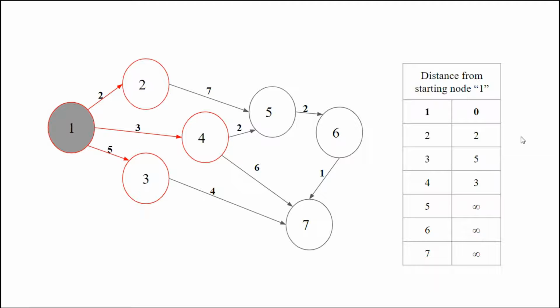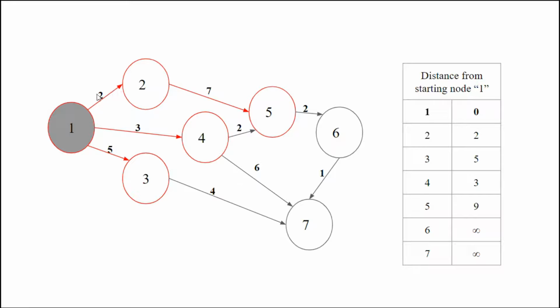So you next move to a different node, and the node is chosen by the smallest value in the chart. So we'll go to node 2, and you explore the adjacent neighbors from node 2, and the only other one that hasn't been explored yet is 5. So now 5 will have a tentative distance of 9, and the way I got 9 is because you look at the previous nodes and the path then, and you just add up the distances.